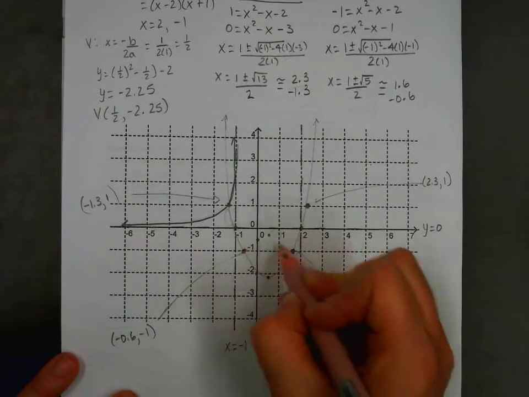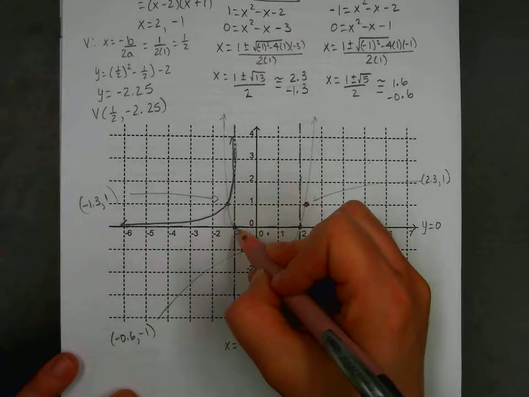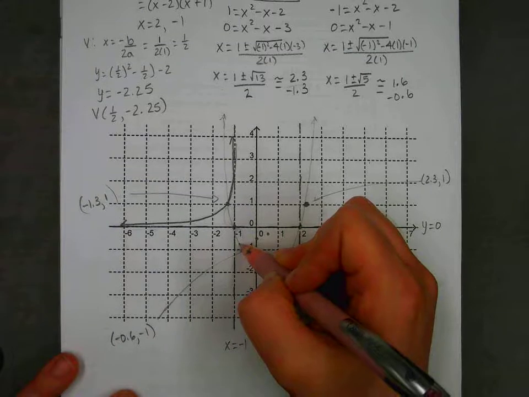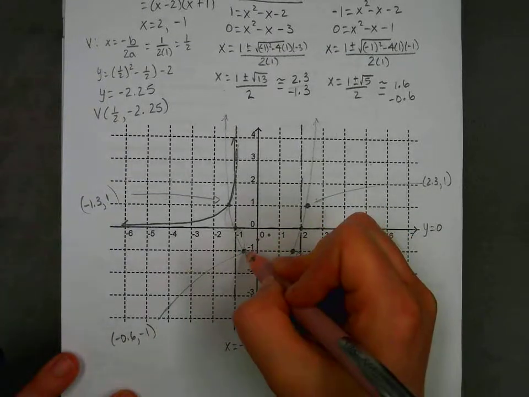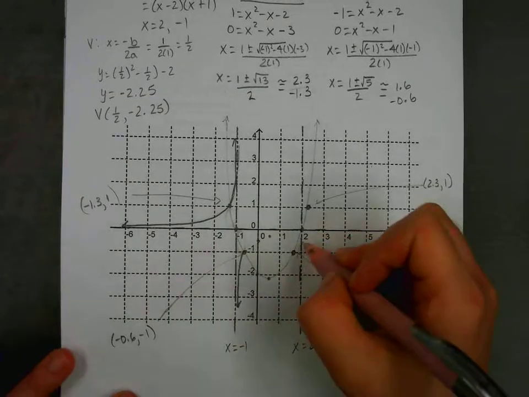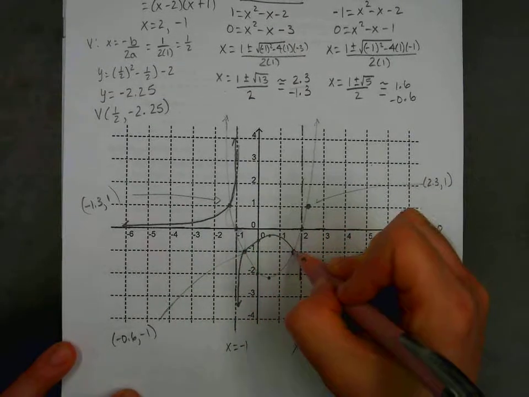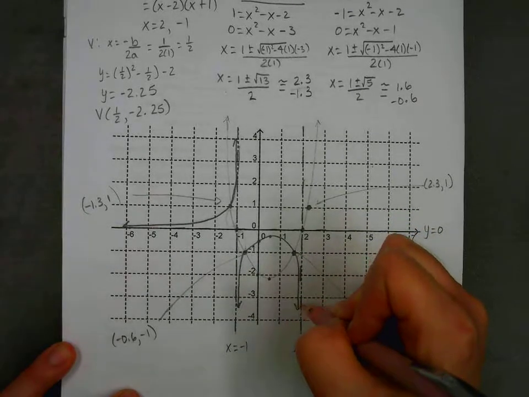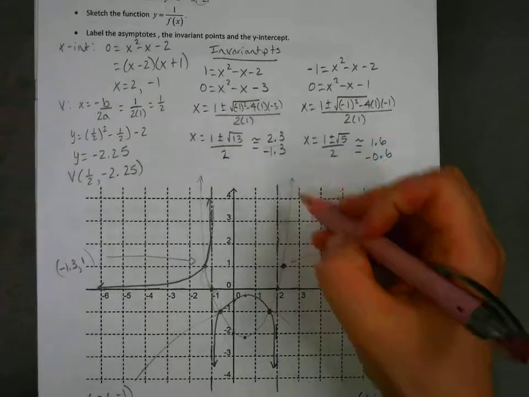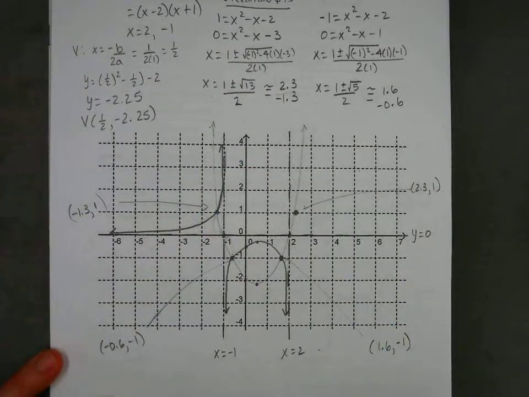Here's my invariant point, so you can start to see the shape taking place. These little values in here should now approach -infinity, so this is going to approach your asymptotes on either side. We're just going to create a little curve here and then approach this asymptote here. And then this branch is going to do basically the same as what this branch did.